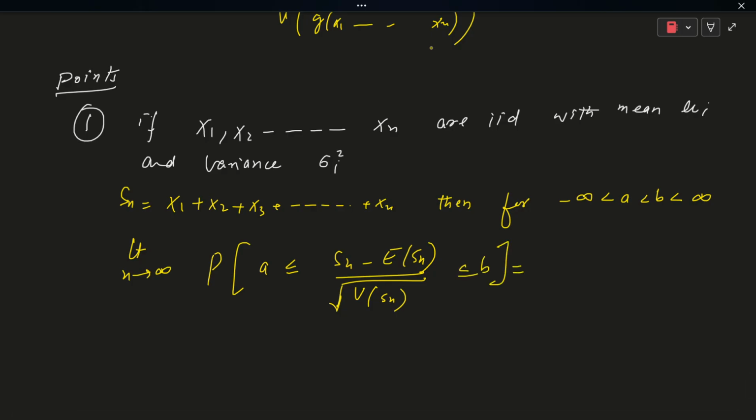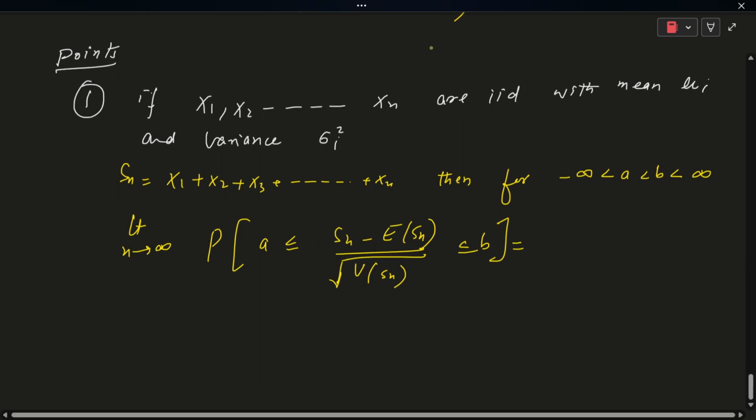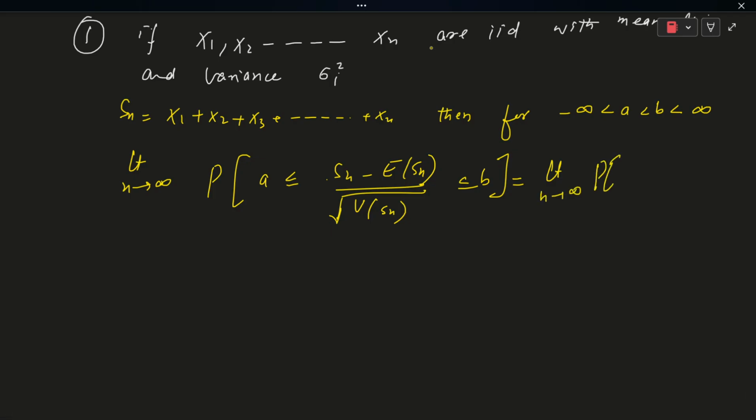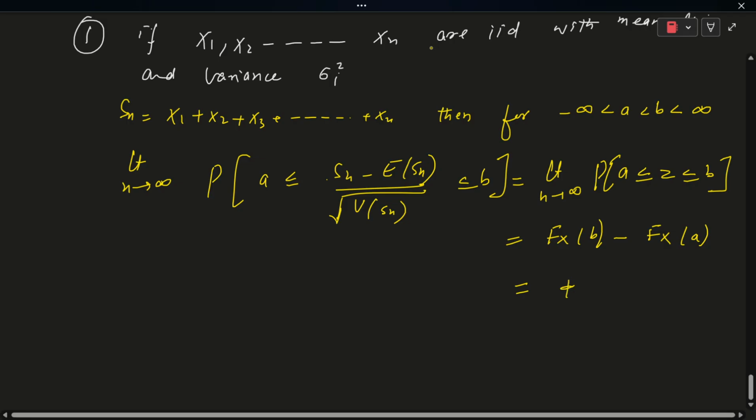This is my Z. So this is always equal to F(b) minus F(a), and this is also equal to phi of b minus phi of a, right?